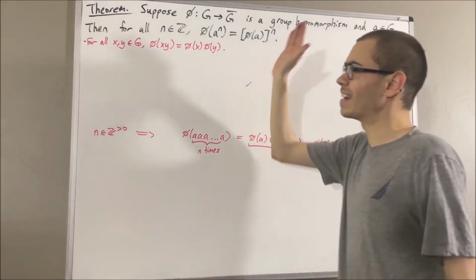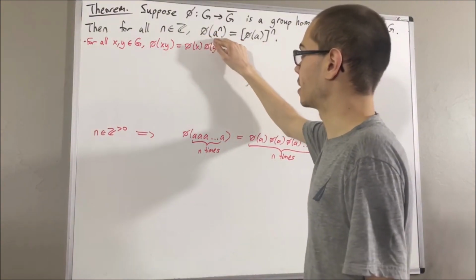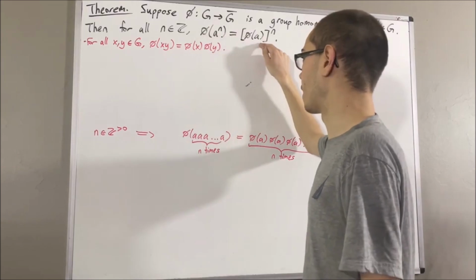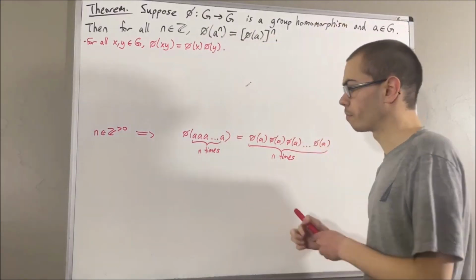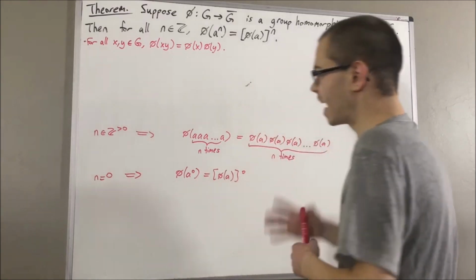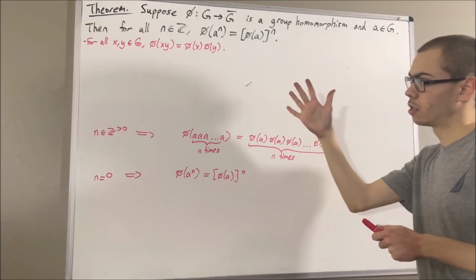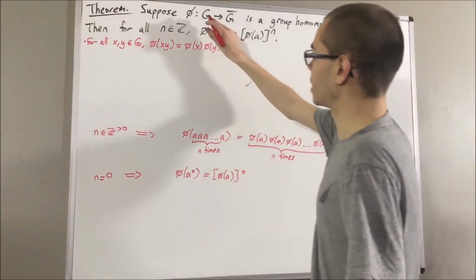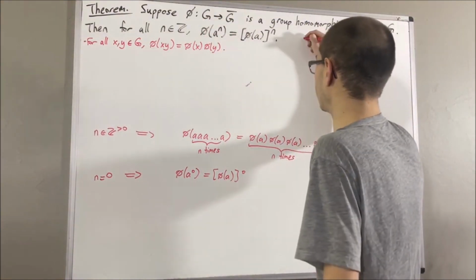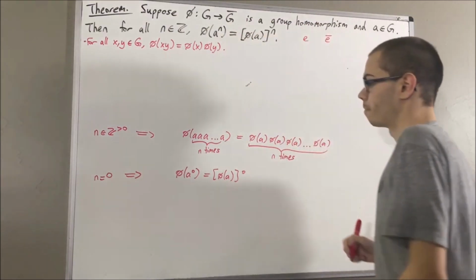Now, in the case where n is equal to 0, this equality is telling us phi of a to the power of 0 is equal to phi of a to the power of 0. Any element of a group to the power of 0 is equal to the identity element. So let's say that the identity element of G is e, and the identity element of G bar is e bar.